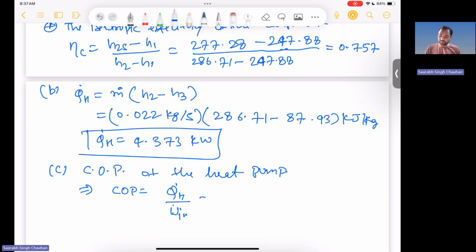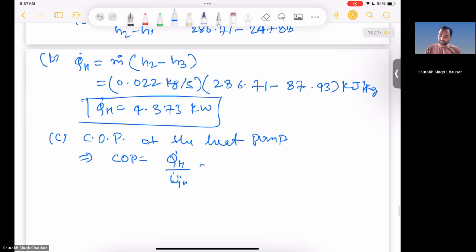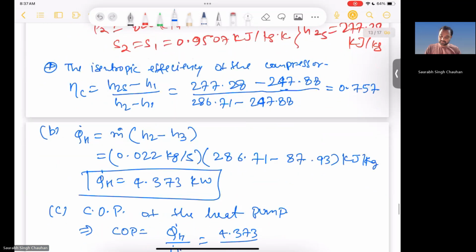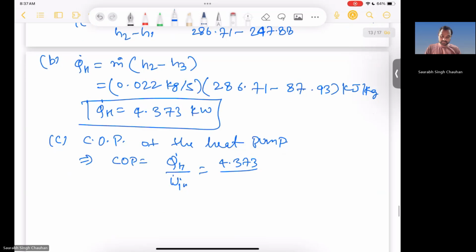Okay, so 4.373 divided by work input. Work input is 0.8542. It is coming out to be 5.12.